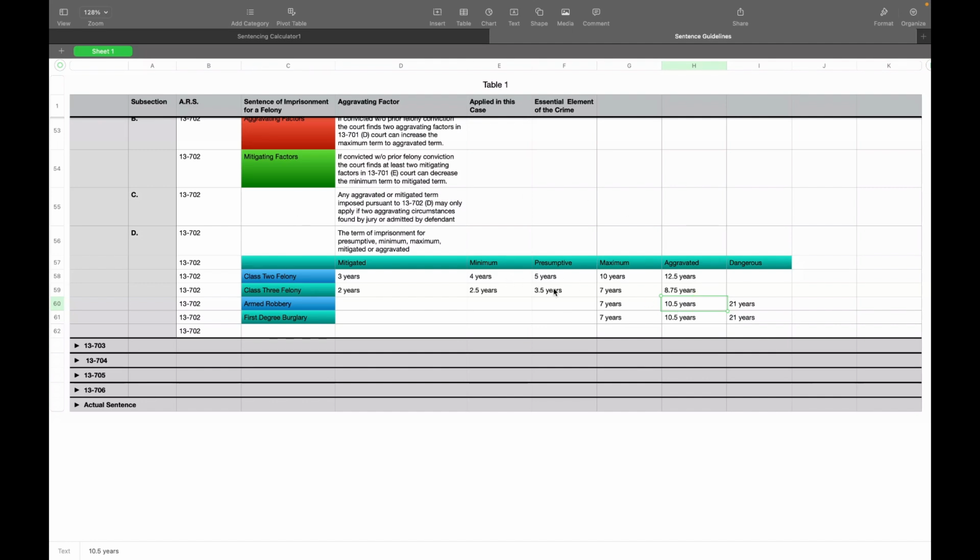So that baseline will be between 10.5 years and 5 years for an armed robbery. So it all depends on whether mitigation or aggravation was found and where the judge wants to begin the baseline sentence, but it cannot exceed 10.5 or 5 years, or go beneath 5 years.